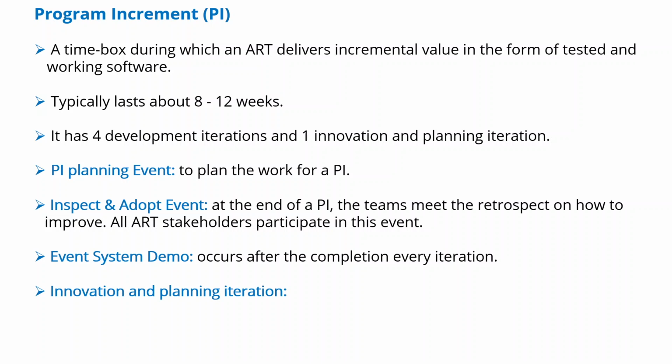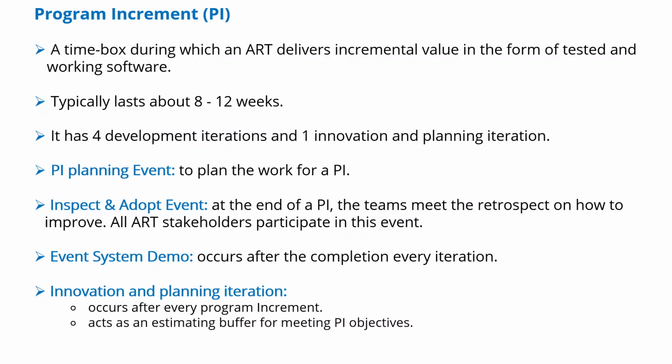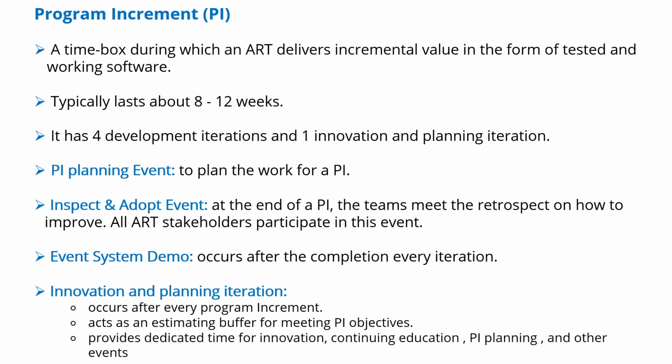So, for the innovation and planning iteration now, it occurs after every program increment. It acts as an estimating buffer for meeting PI objectives, and also it provides dedicated time for innovation, continuing education, PI planning, and other events.